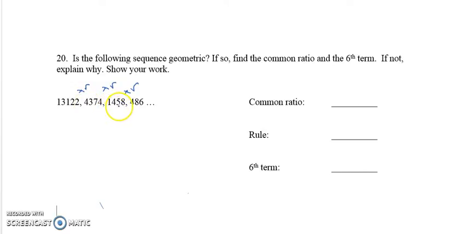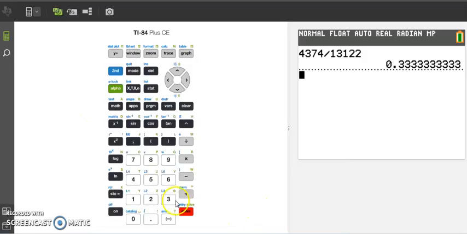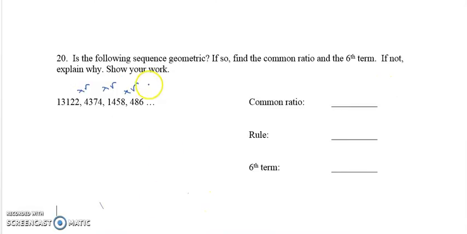So 1458 divided by 4374. Okay, now once we divide the third term by the second term, that's also the same. Okay, now lastly, let's do the last one. 486 divided by 1458.